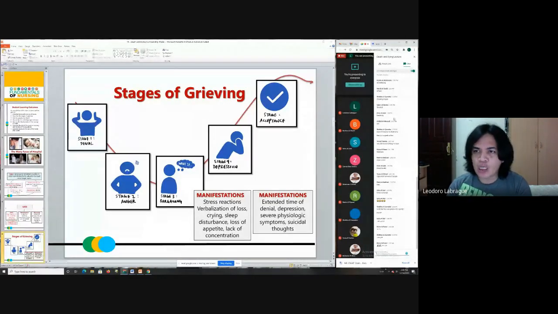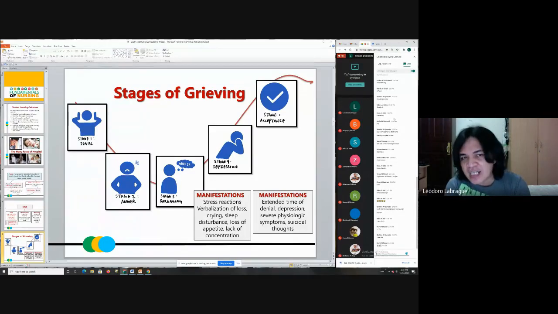Even without talking, your presence is more than enough to provide comfort and caring to your patient. Okay. And of course, the involvement of the family members is very important at this point.